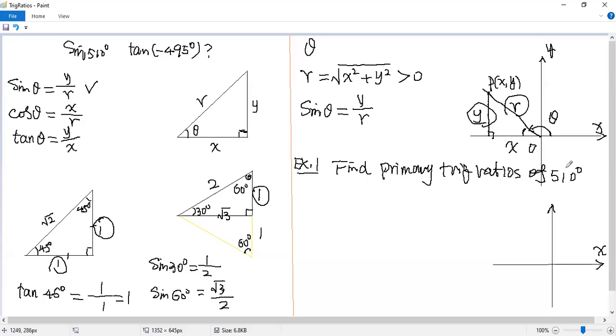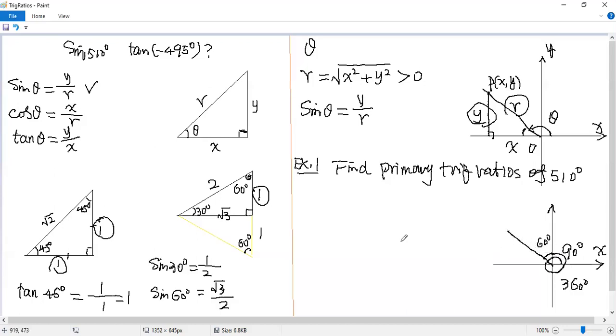Now, it is greater than 0, so we start from the positive x-axis, go counterclockwise one circle. We got 360 degrees. Go a quarter, we get 90 degrees. So the sum is 450. We still need 60 degrees. 60 degrees. We get the terminal arm like that.